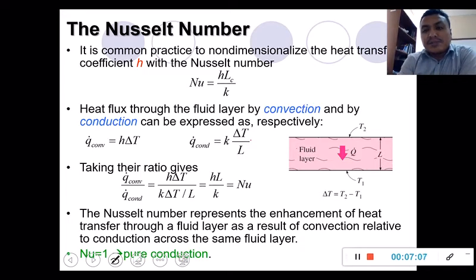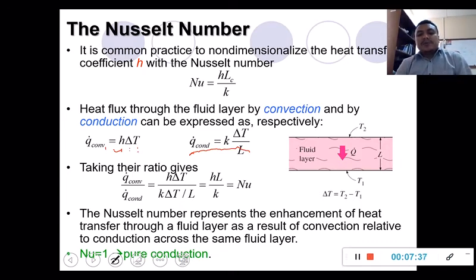Small q is the heat flux, meaning the unit is watt per meter squared. This is for convection, while this is for conduction. Taking the ratio, meaning we divide those two heat fluxes, we get the Nusselt number, which again equals hL divided by k.